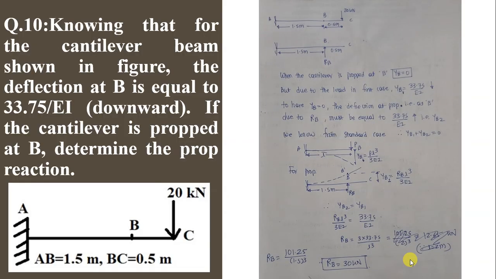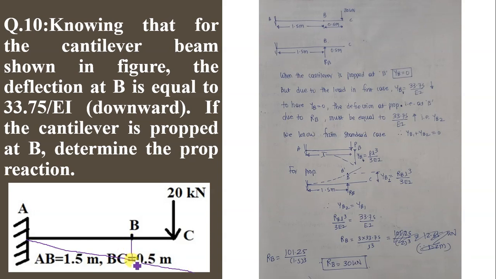Knowing that for the cantilever beam shown in the figure, the deflection at B is equal to 33.75 upon EI in the downward direction, if the cantilever is propped at B, determine the prop reaction. Now here the beam will deflect like this.